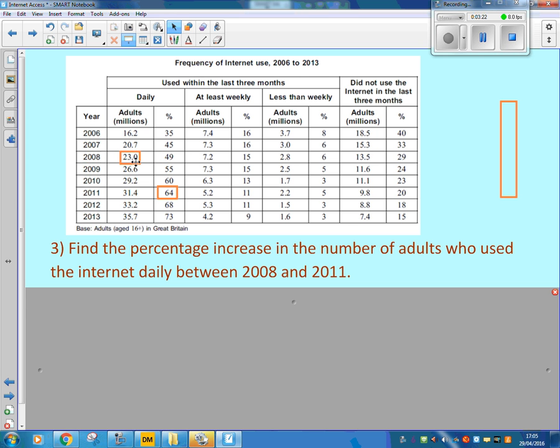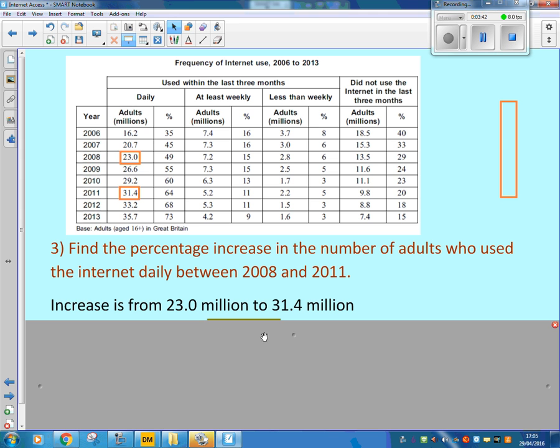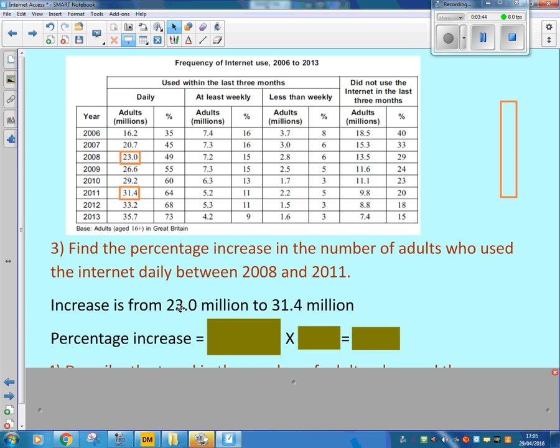You need to look at the 23 million who use the internet daily in 2008 and the 31.4 million who used it in 2011. So ignore those percentages. The increase is from 23 million to 31.4 million, and we need to find that percentage increase.